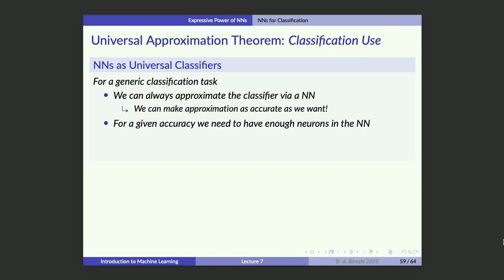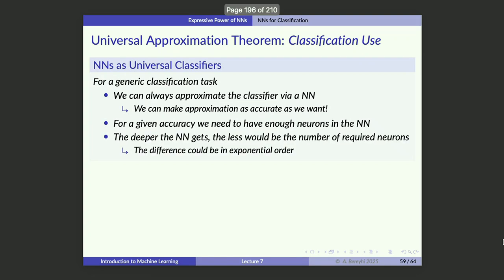And the only thing that you need, if you want to specify the accuracy, is the number of neurons. And one key feature of this neural network is that when you make it deeper, the number of neurons that you need drops exponentially, right? It's a huge help. So if the problem is very complex, you just make your neural network deeper and deeper, and then exponentially you need fewer and fewer neurons, right? Everybody's clear?